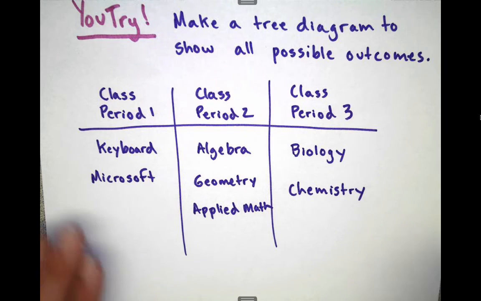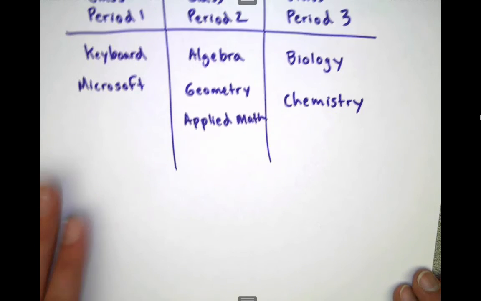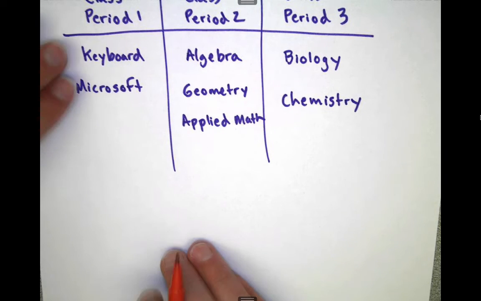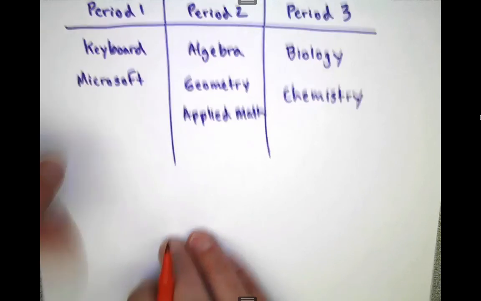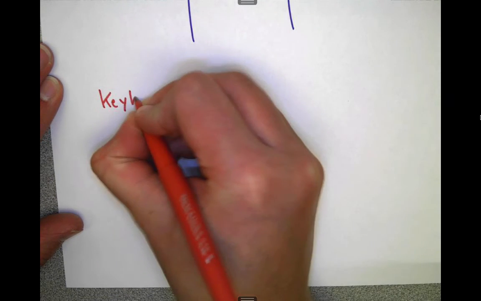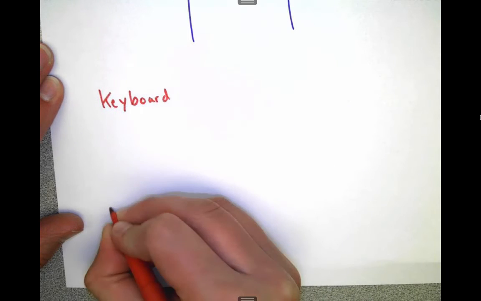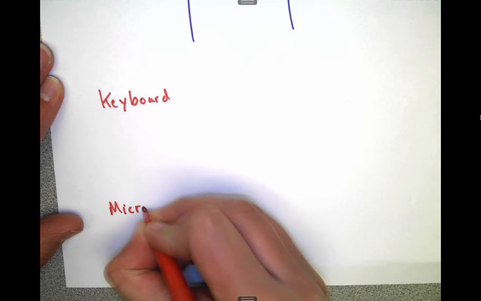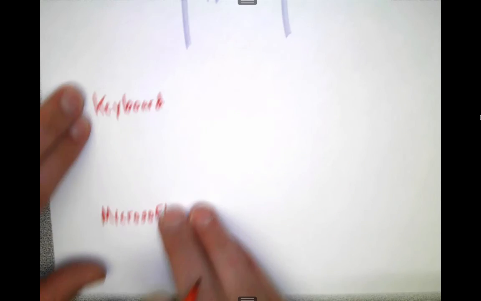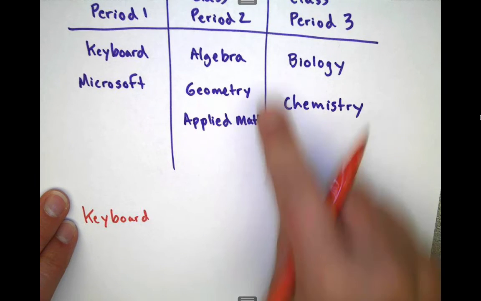All right, let's check your answer. So here we go. We're going to check how your tree diagram turned out. Your first choice is you get to choose between keyboarding or a Microsoft class. So I'm going to write keyboard or Microsoft. Okay? And then from there, you went off to period 2 and you're taking one of these math classes.